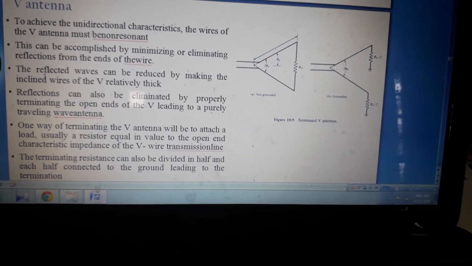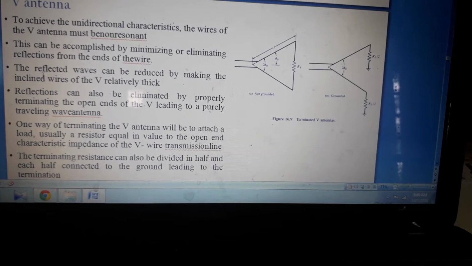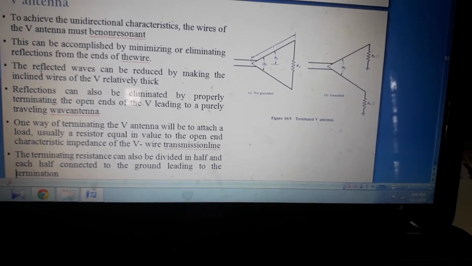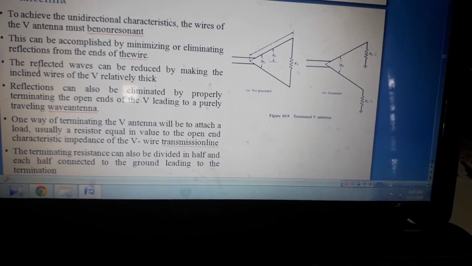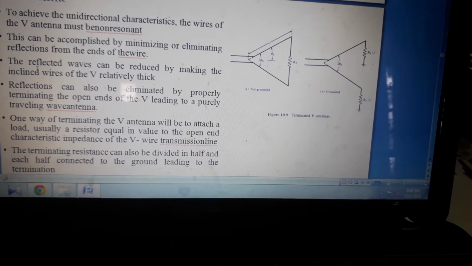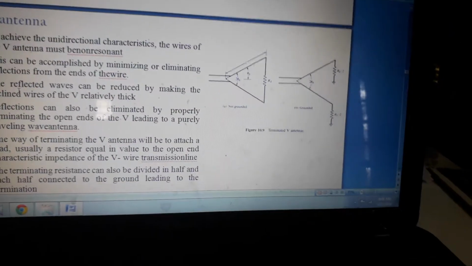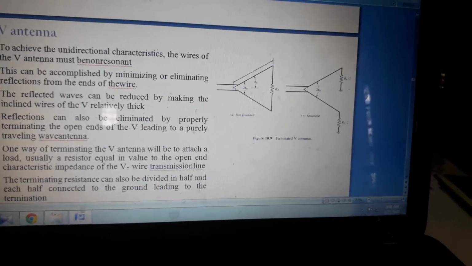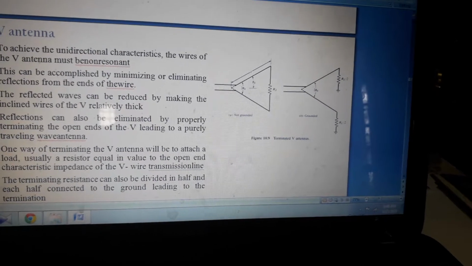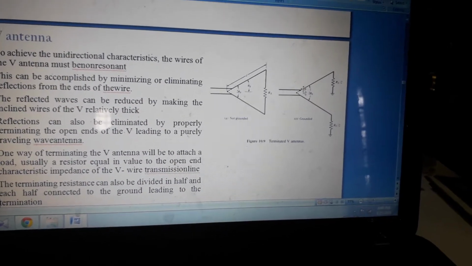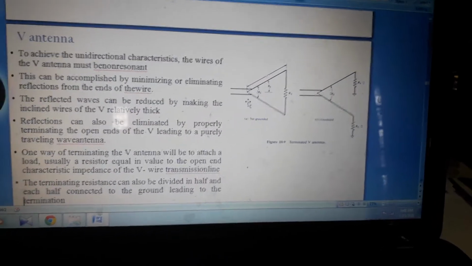The reflections can be reduced by making the inclined wires of the V relatively thick. That is, these wires can be made thick, thereby we can reduce the reflections.